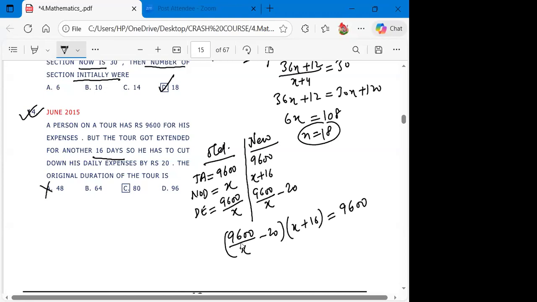Now 9,600 by 64, exactly 150, minus 20 is 130. And this will be 64 plus 16, 80. 130 into 80, it will not be there. Now 9,600 by 80, 120, minus 20, 100, and this will be 80 plus 16, 96. 96 into 100. So option C is correct.